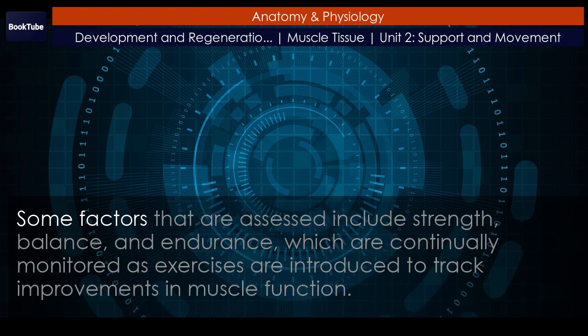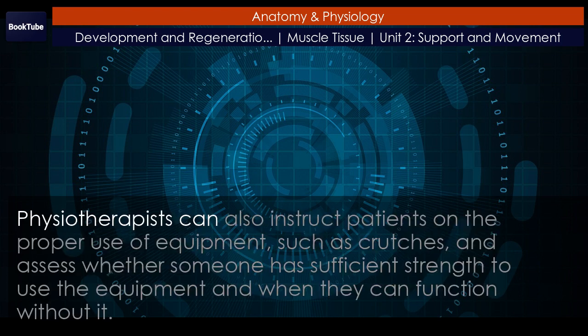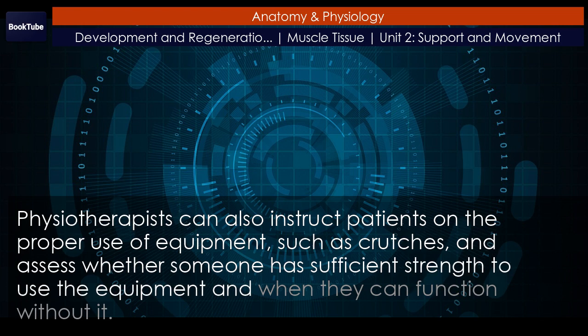Some factors that are assessed include strength, balance, and endurance, which are continually monitored as exercises are introduced to track improvements in muscle function. Physiotherapists can also instruct patients on the proper use of equipment, such as crutches, and assess whether someone has sufficient strength to use the equipment and when they can function without it.